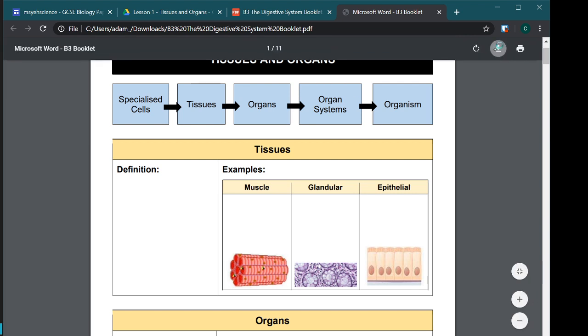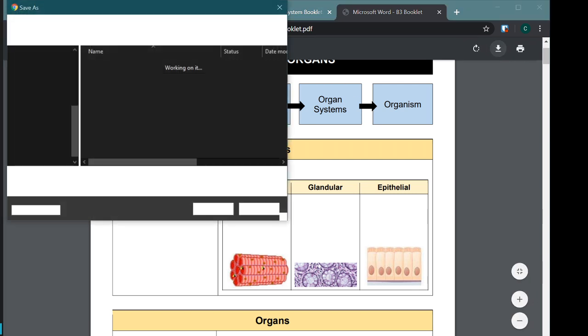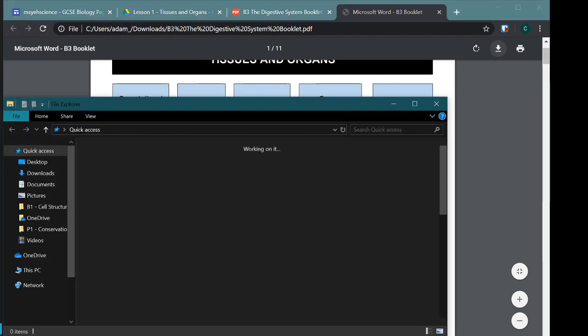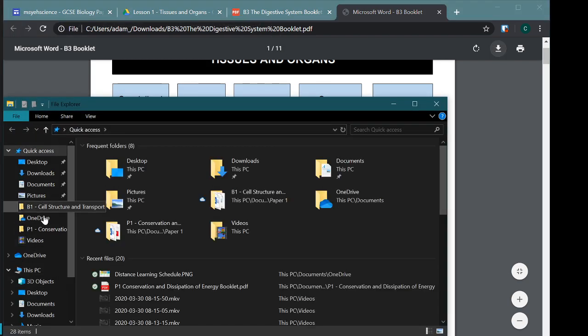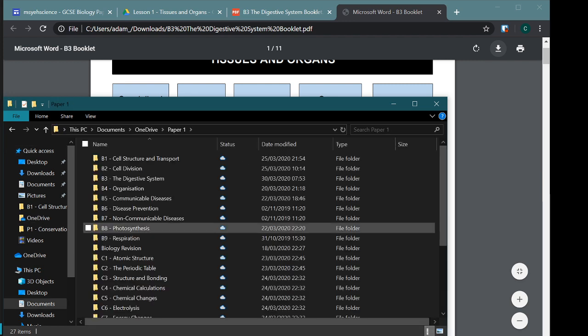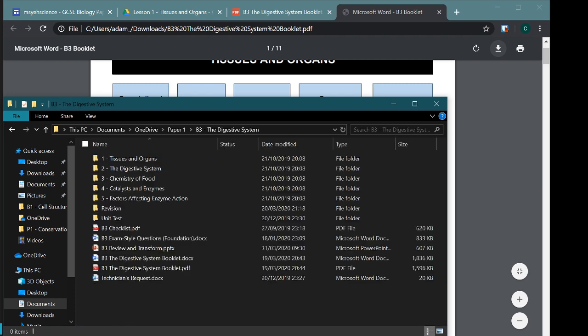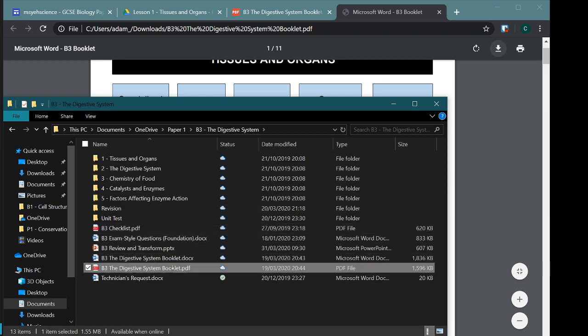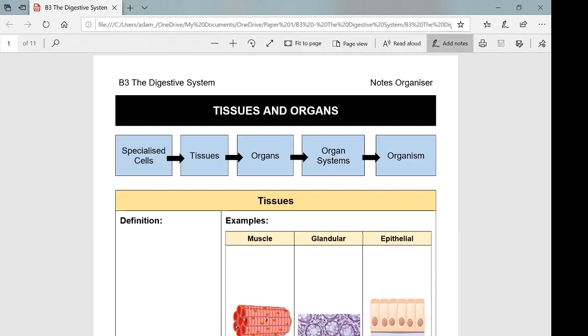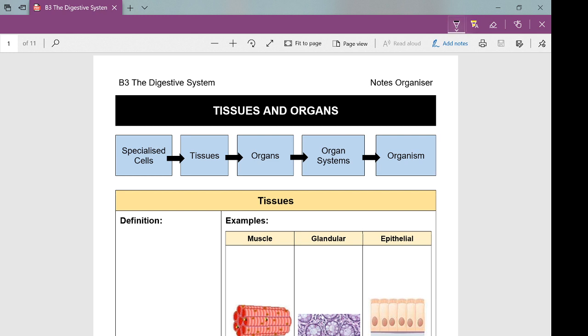Hold on, I might have to do it properly. There we go, I should be able to draw on this now. Okay.